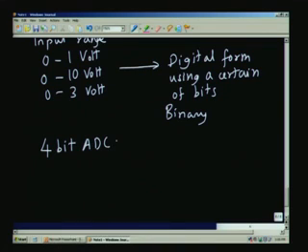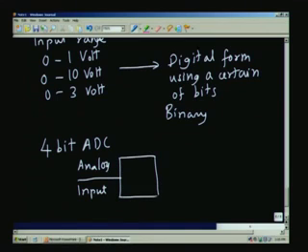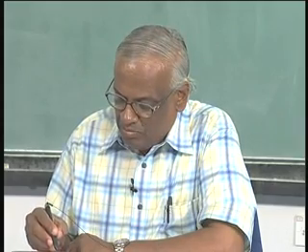The input is coming here in the form of analog, and here is your A to D converter, and you get 4 bits out.